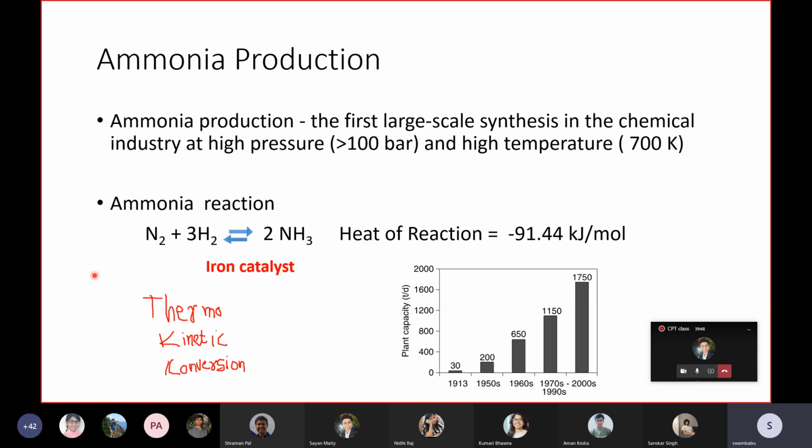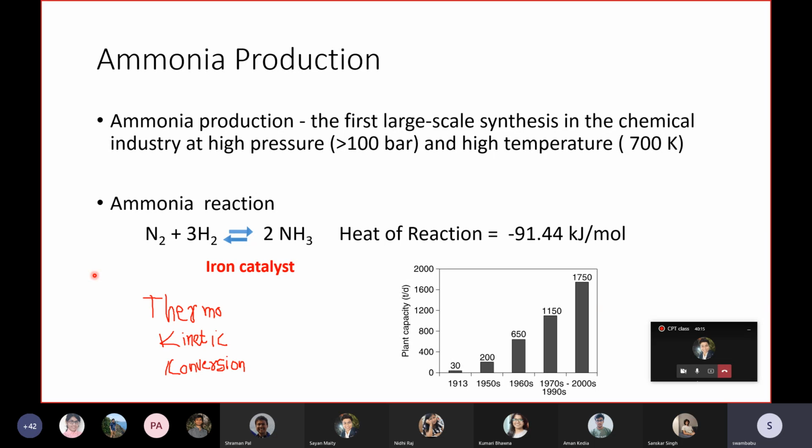From thermodynamics, we can tell whether it is exothermic or endothermic, that is from the reaction data. Second, we can tell whether the reaction is possible or not. And third, we can also estimate equilibrium conversion, the maximum possible conversion at that temperature and pressure.